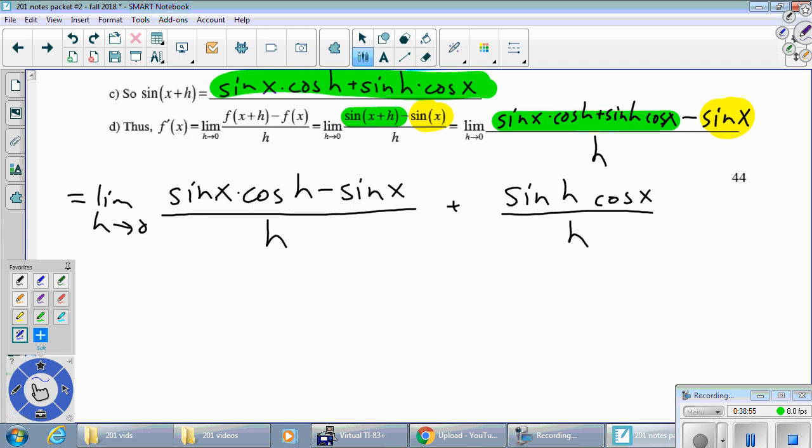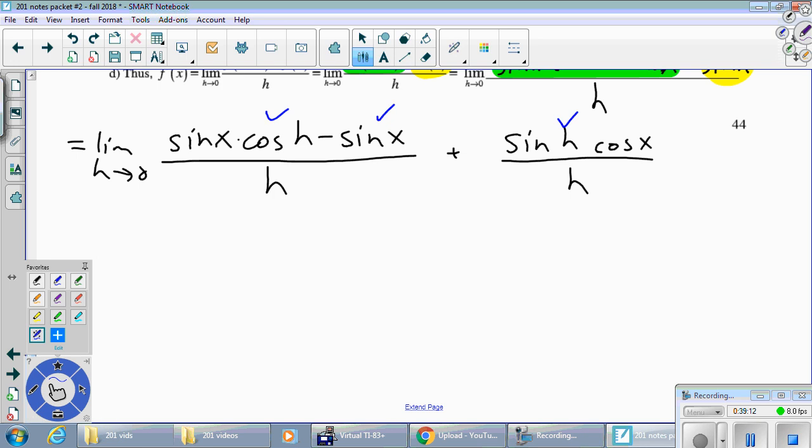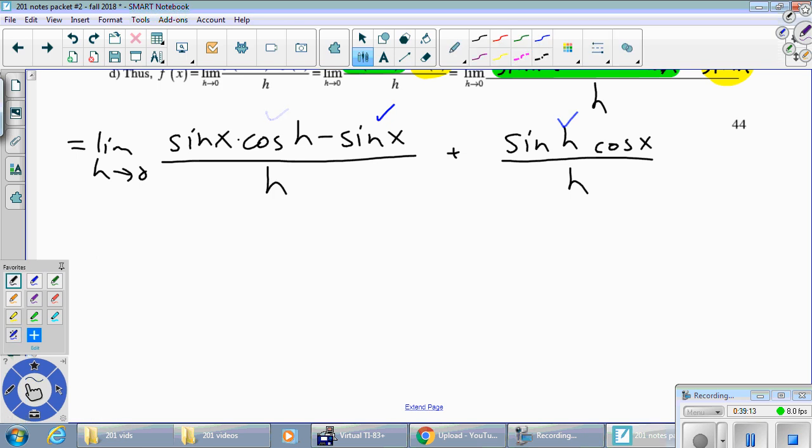Because if I asked you to add these two fractions, you'd say, oh great, they have the same denominator, so I can put them into a single fraction. And all I've done then is just shuffled the three terms around. They're still here. 1, 2, and 3. Okay, in the first limit, we are going to factor out the greatest common factor on top. Technically, I should have big brackets around this whole thing because it's all inside of the limit.